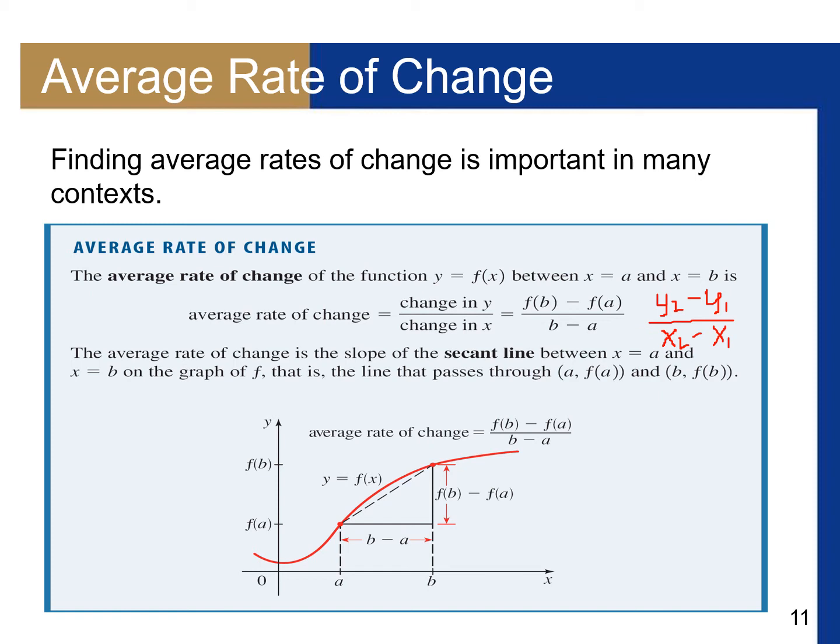So here's this first point. This is A. So this right here is f of A. This point right here is my A, comma, f of A. Just a coordinate point, same as saying x, y.